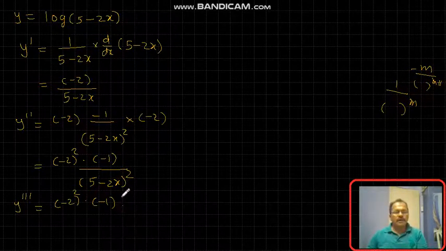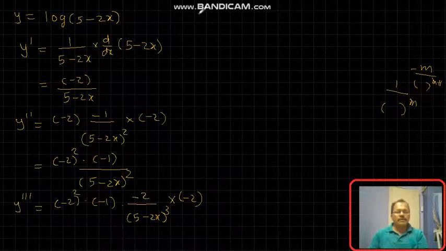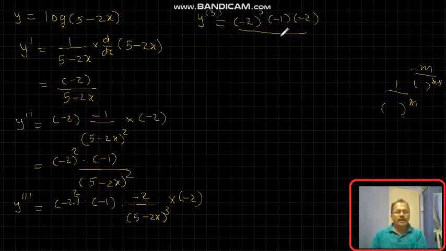Using that formula, the derivative of 1 upon (5 − 2x) bracket square is −2 upon (5 − 2x) bracket cube into the derivative of (5 − 2x), which is −2, and therefore the third derivative y''' is (−2)³ into −1 into −2 divided by (5 − 2x) bracket cube.